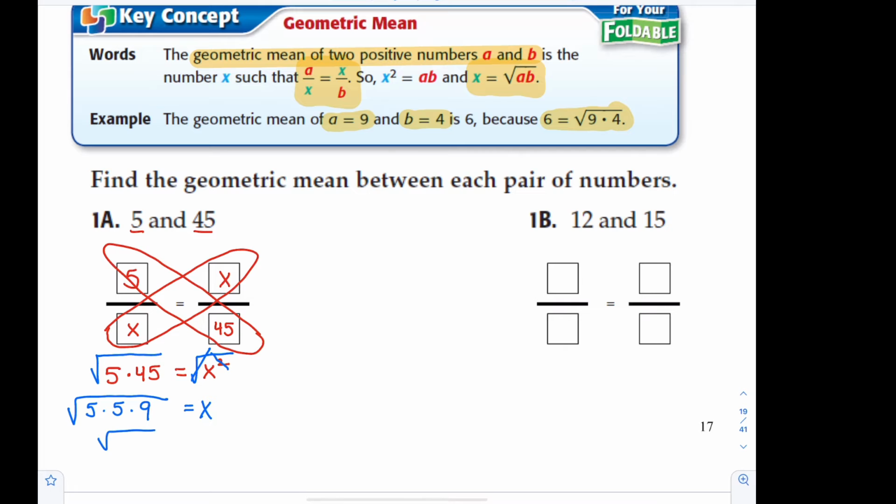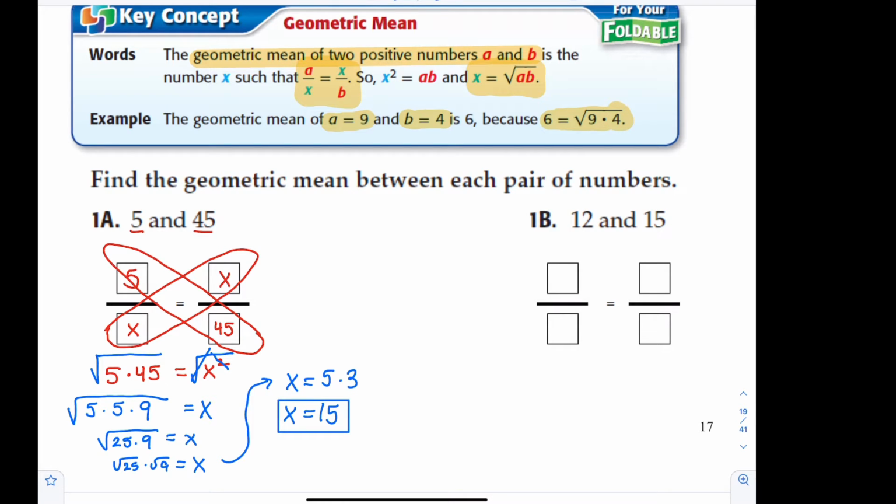And with a little bit of factoring and rearranging, I find that we have two perfect squares under the radical, 25, as well as 9. And the radical of a product is the product of the radicals. So separately, the square root of 25 is 5 and the square root of 9 is 3, and 5 times 3 equals 15.